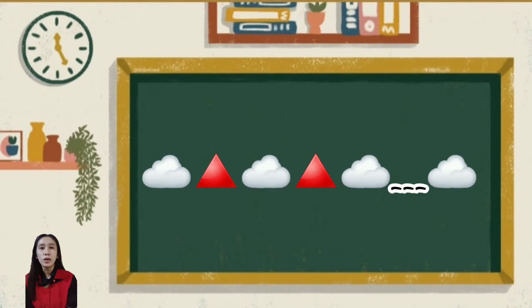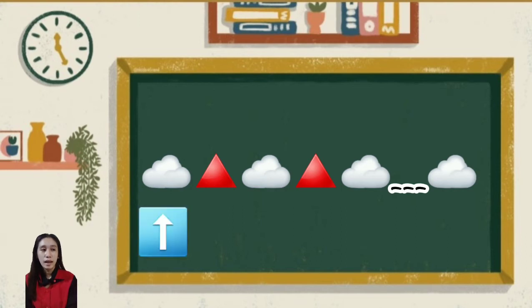What we have first is the clouds and the triangles. It is a continuous and repeated pattern of clouds and triangles. So what would be the missing term in the pattern? Okay, let's just follow the pattern.